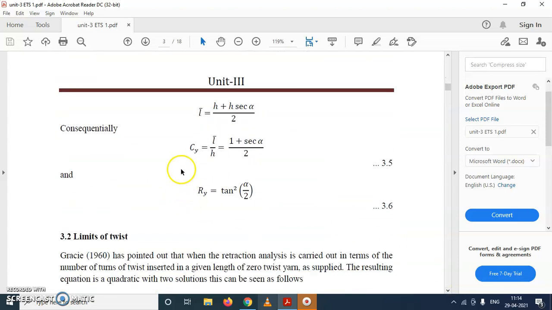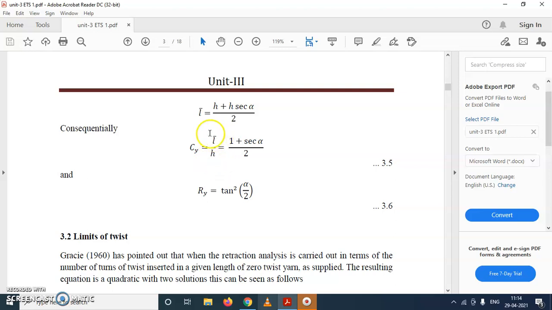Now we know contraction factor was length of the zero twisted yarn upon length of the twisted yarn. So in case of zero twisted yarn, if we take some slight nominal twist, and this is the length of the twisted yarn, which is H, we already know.